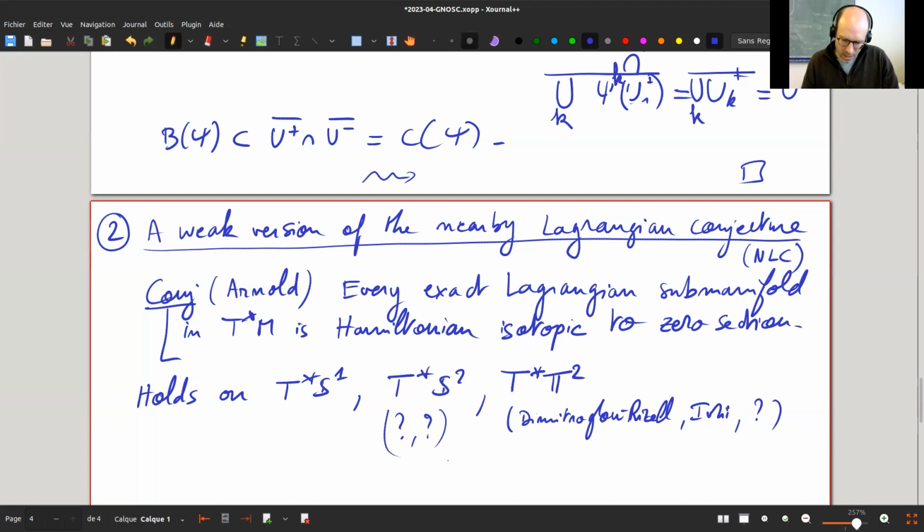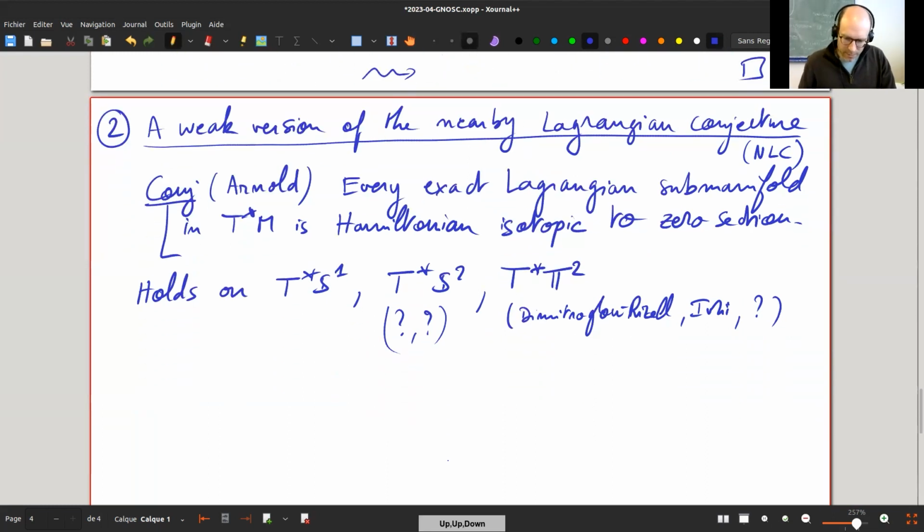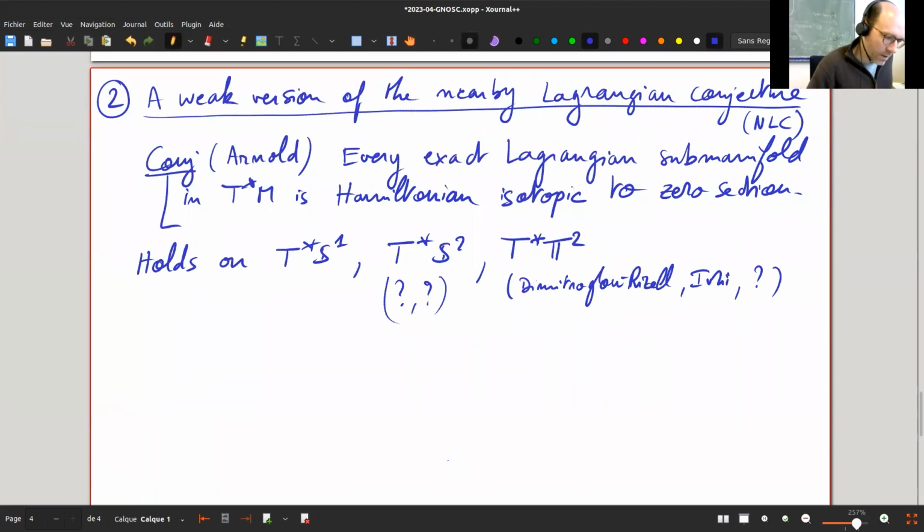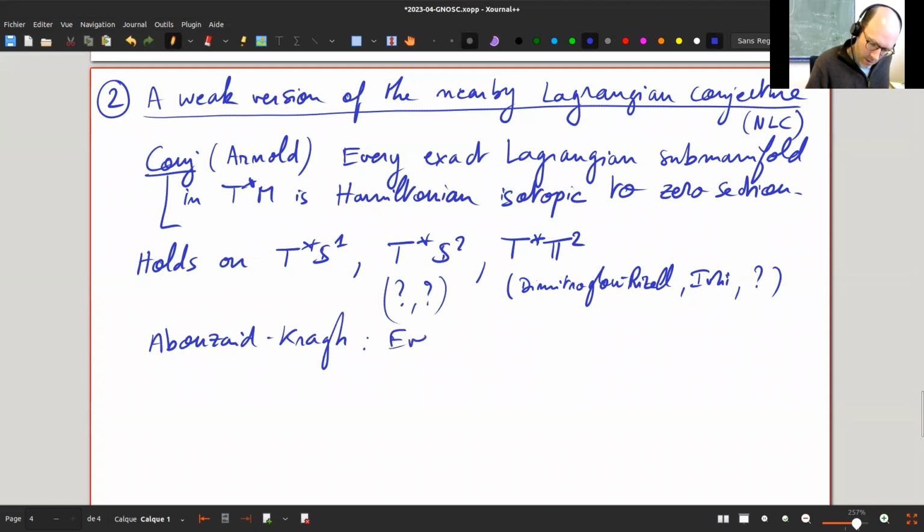And in more general manifolds, there's a theorem by Abouzaid and Kragh that says that every exact Lagrangian is homotopy equivalent to the base.